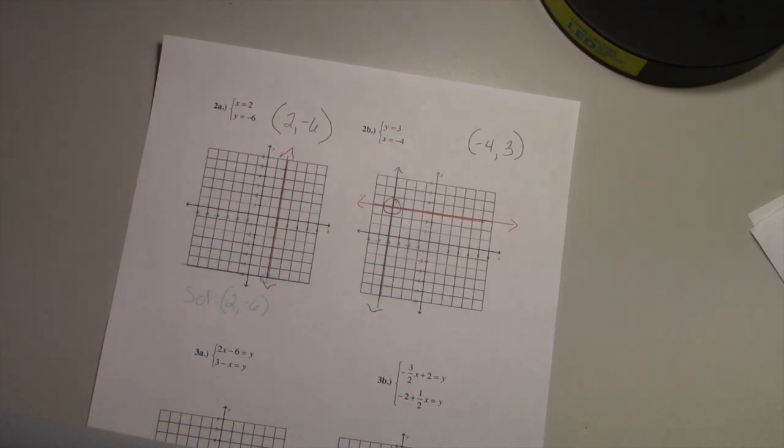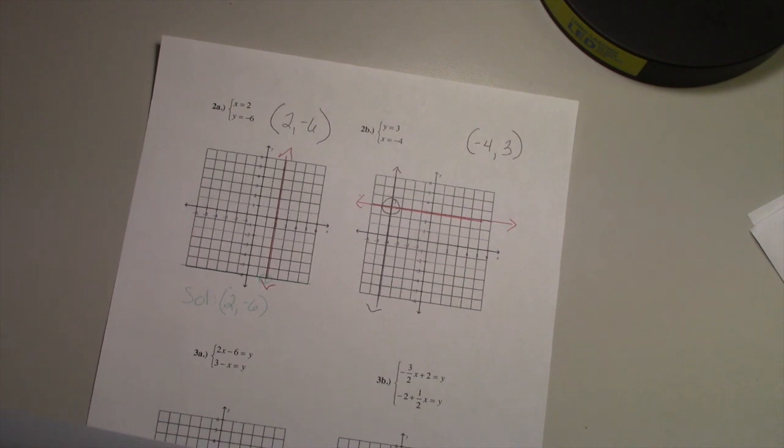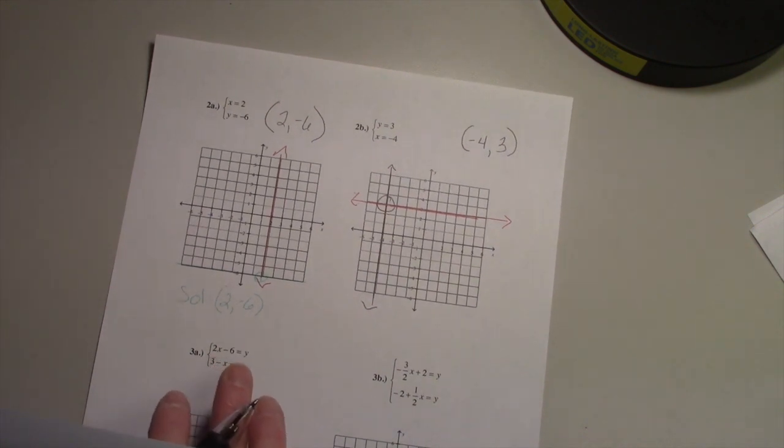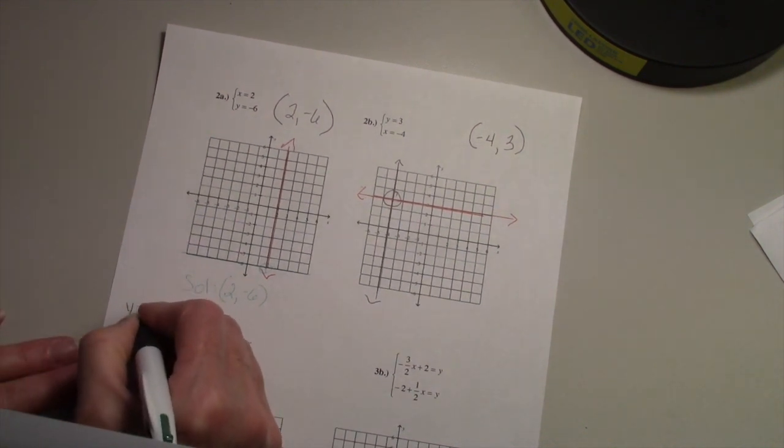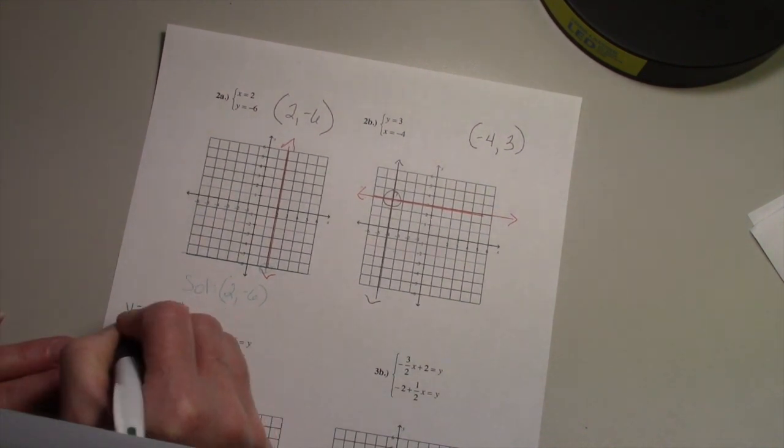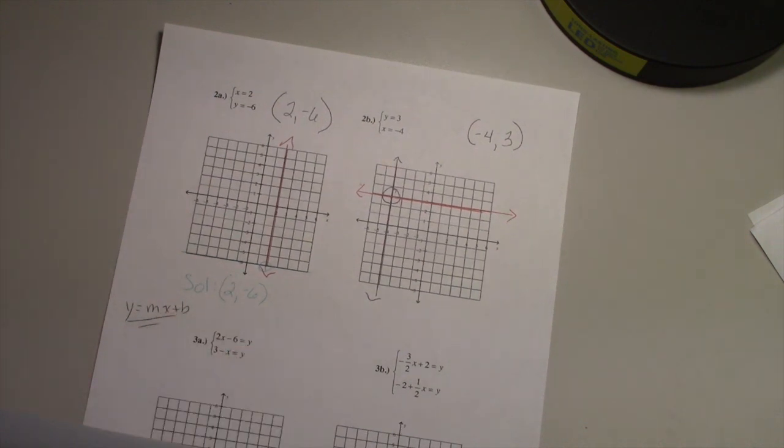Are we good? All right, now they throw you the curveball. These are not as easy. These we have to change to get them in y equals mx plus b form. We've got to move these things around to make this work, so you can't get crazy about it.